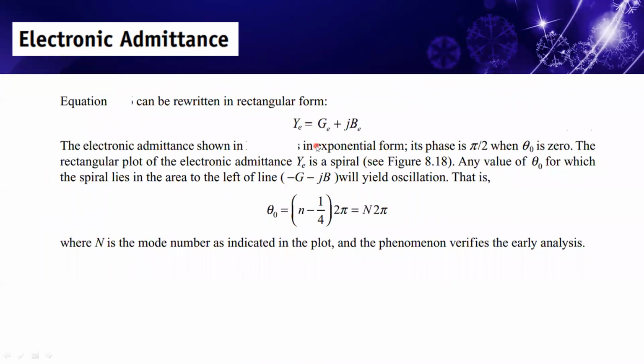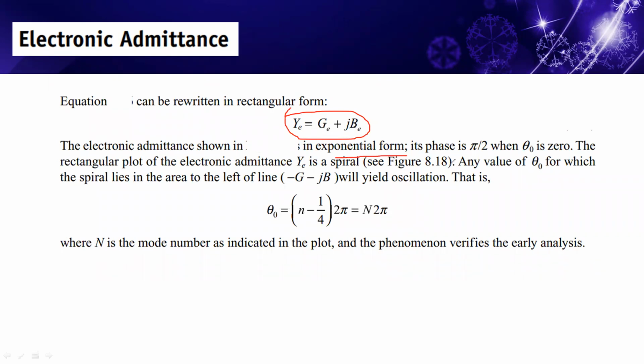That's why here I am mentioning the previous equation, which should be reorganized in rectangular form. Here, y equals jg plus j into beta I. This is the electronic admittance that should be in exponential form.